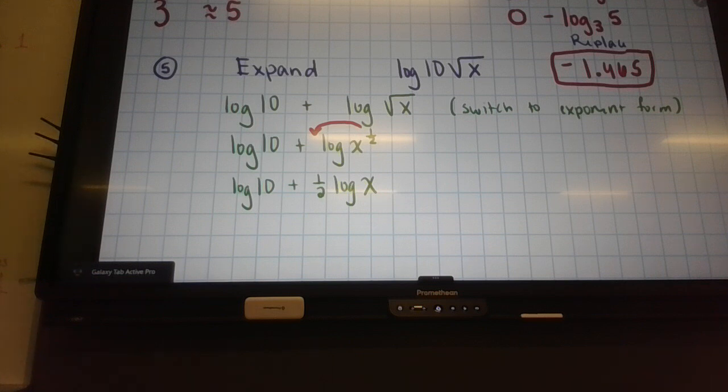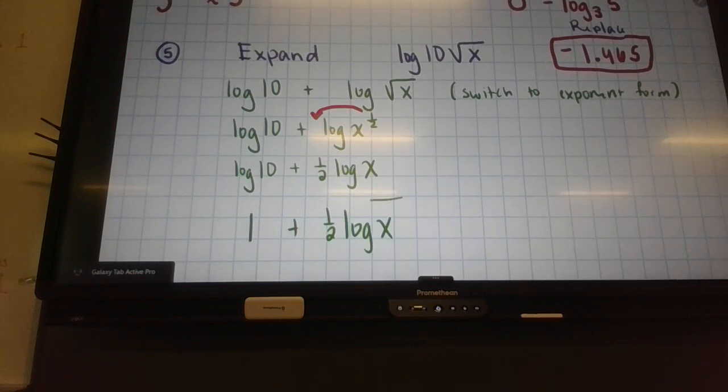Then I'm tempted to leave it here, but actually log 10 is the equivalent of 1, because since there's an invisible base 10, that's the common log, it's really saying 10 to what power is 10, and that's a solid 1. So we're going to move forward with a 1 here, and the answer would be 1 plus 1/2 log x.